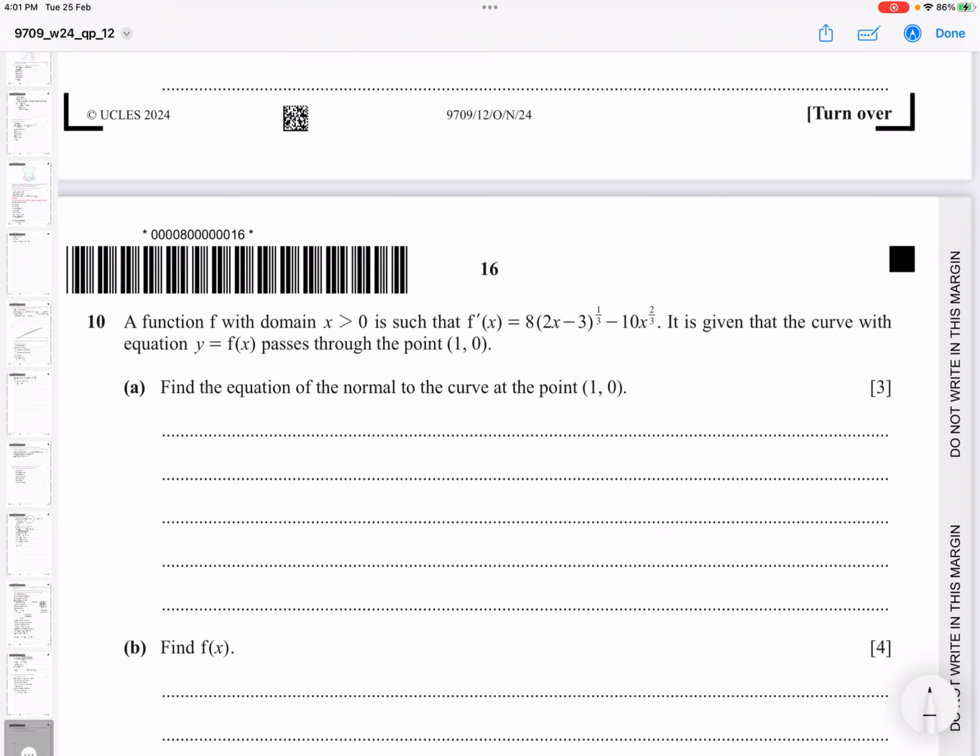Your gradient of tangent is given as 8(2x minus 3) power 1 over 3 minus 10x power 2 by 3. So what you do, put x is equal to 1 in this. So 8(2 into 1 minus 3) power 1 over 3 minus 10 times 1 power 2 by 3.